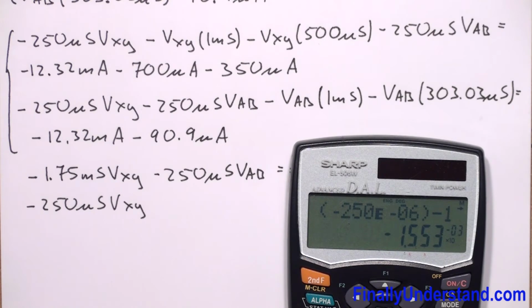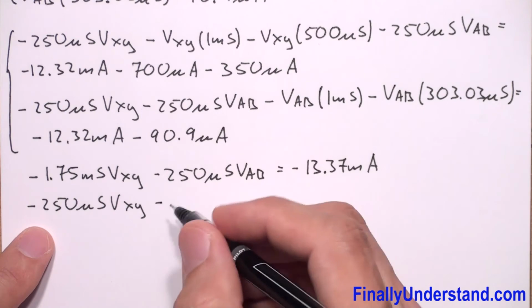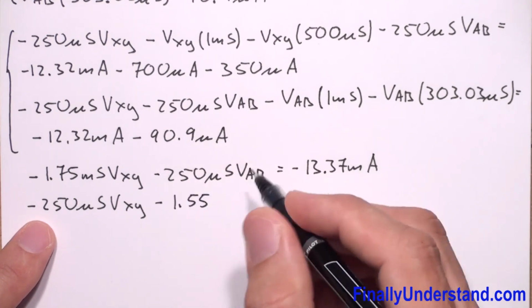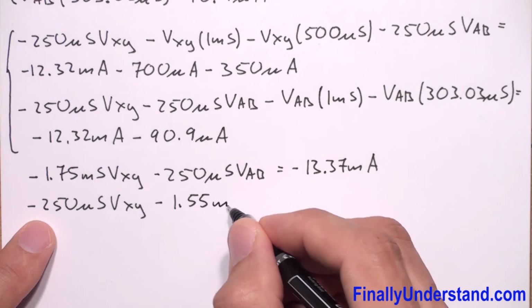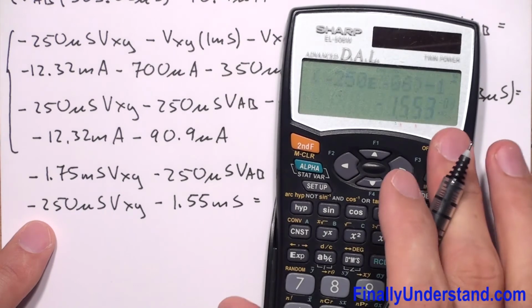Okay, this is equal to negative 1.55 millisiemens. And this is equal, we have to add the currents.